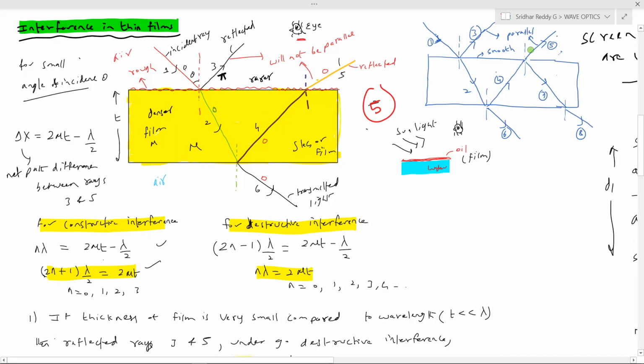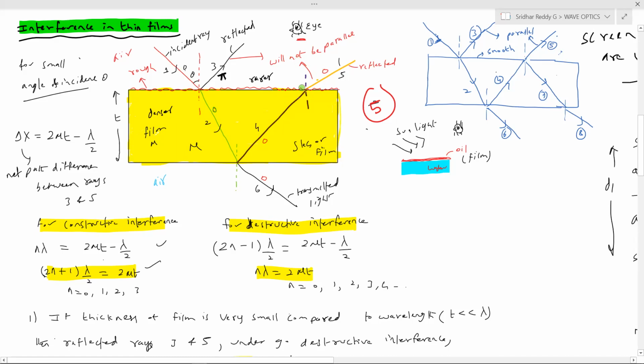Why would they undergo superposition? They'll not meet. But 3 and 5 will undergo superposition. For them to undergo superposition, they must not be parallel. For them not to be parallel, the surface of the film will be rough, will have some ups and downs. So because of this, 3 and 5 will not be parallel. Okay, got the idea now?